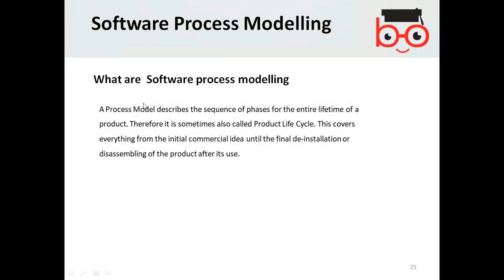The next is, what is software process modeling? A process model describes a sequence of phases for the entire lifetime of a product. Therefore, sometimes it's also called the product life cycle. This covers everything from the initial commercial idea until the final deinstallation or deassembling of the product after its use.